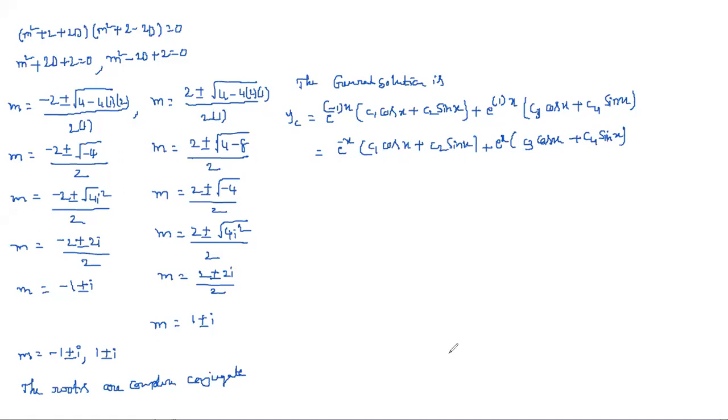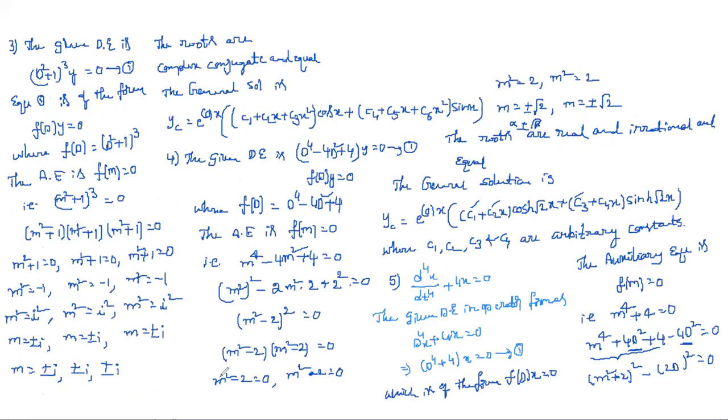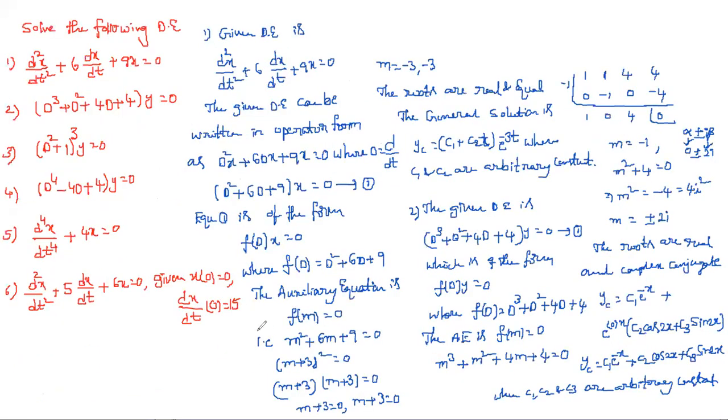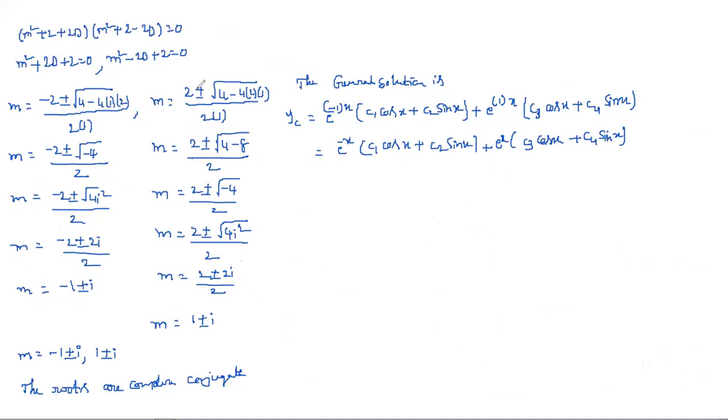So please, next. What about the next problem? Last one. d square x by dt square plus 5 dx by dt plus 6x is equal to 0. So this is different than the previous one. Different in the sense that after finding the general solution, we have to find particular solutions.